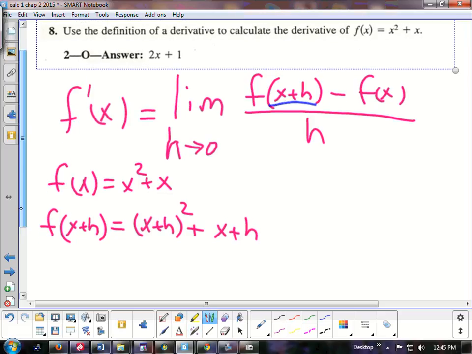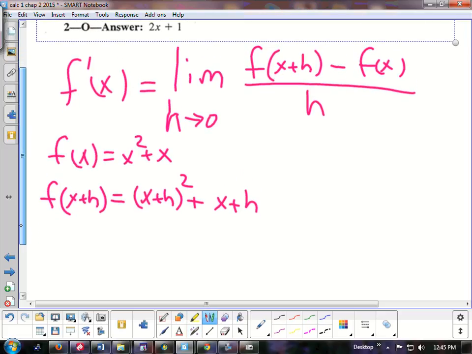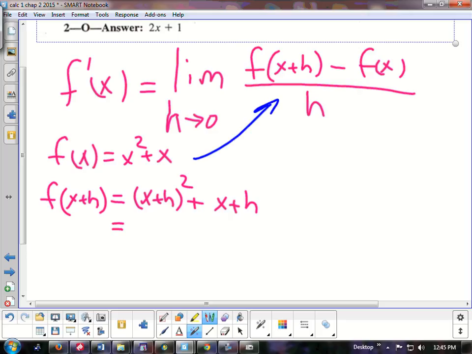Now I can do the math on this. I haven't put it into the formula yet. So these things are going to go in there eventually, but I'm going to do a little algebra first off to the side. So I'm going to square this out using FOIL.